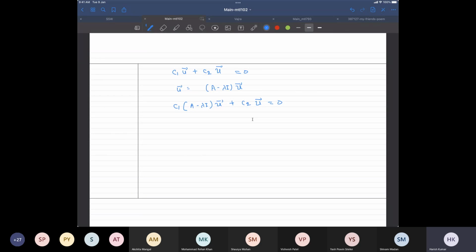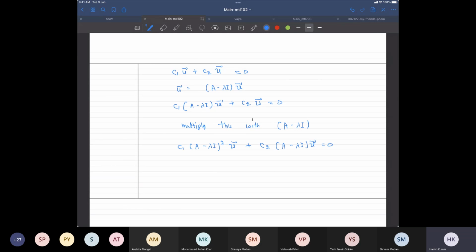So keeping that in mind, let us multiply this with A minus lambda I. So you get C1 (A minus lambda I) squared v plus C2 (A minus lambda I) v is equal to 0.